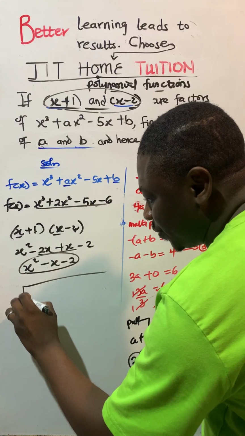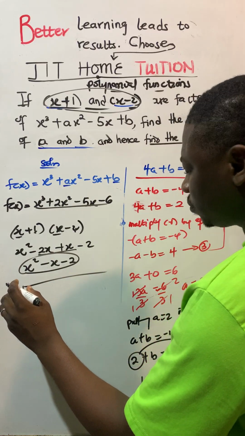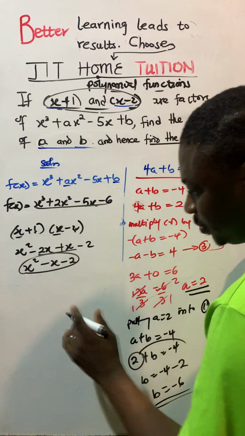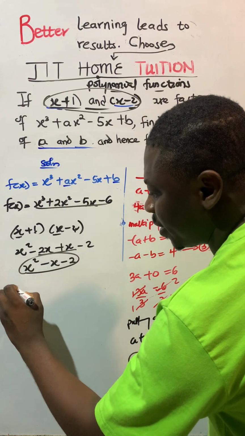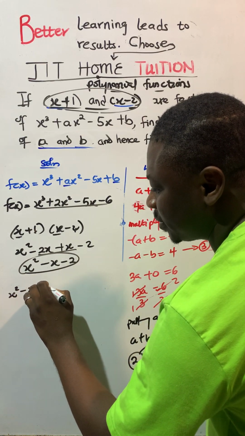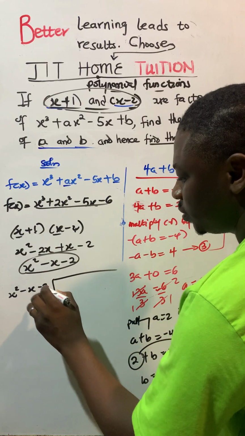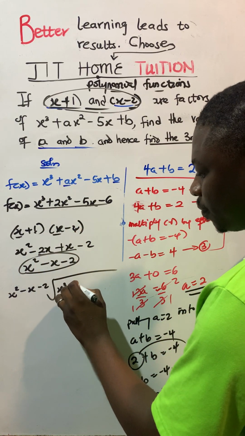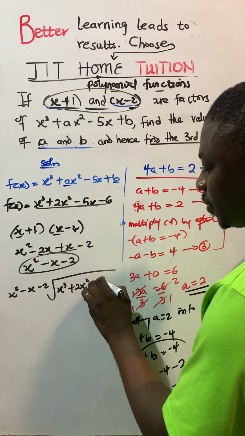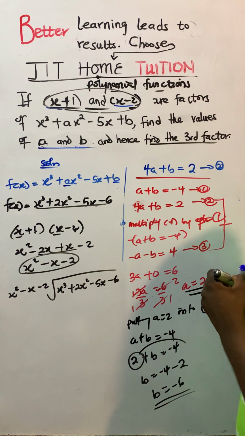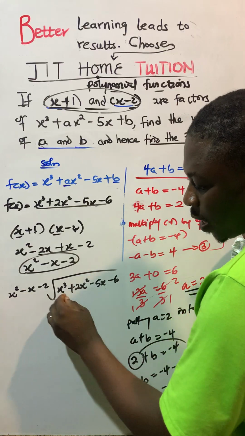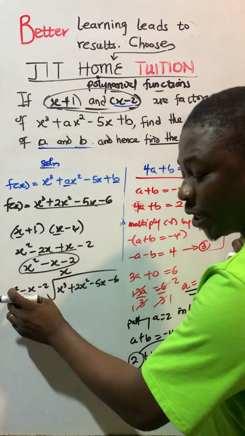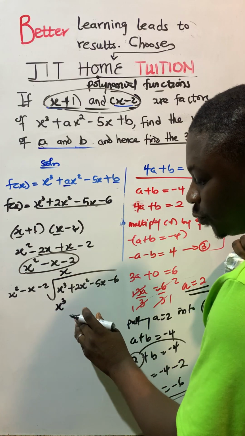So now let's look at it. Can we do the long division here? Let me see. You have x squared minus x minus 2 dividing x cubed plus 2x squared minus 5x minus 6. This x squared will divide this one, giving you x. The x will multiply what you have over here, giving you x cubed.